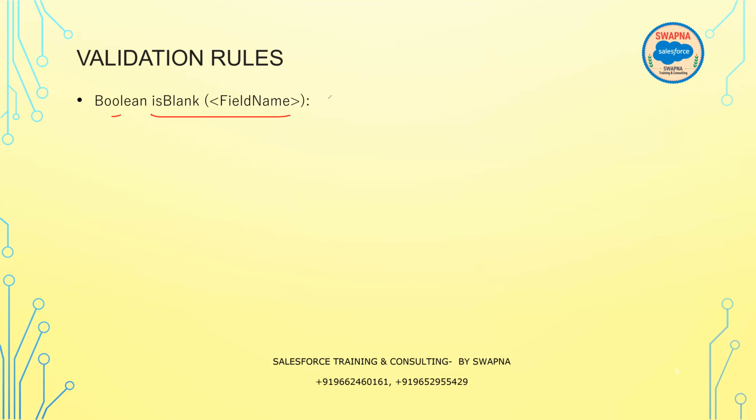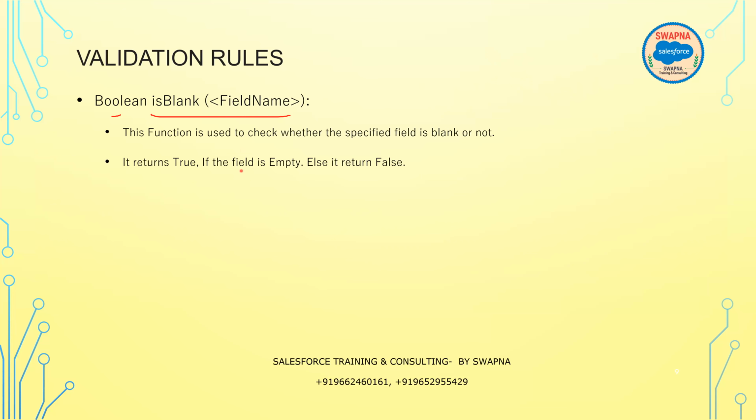Boolean: ISBLANK(field name). This function is used to check whether, for the specified field, the data is available or not. It returns either true or false. If the data is not there, it returns true. If the data is there, it returns false.